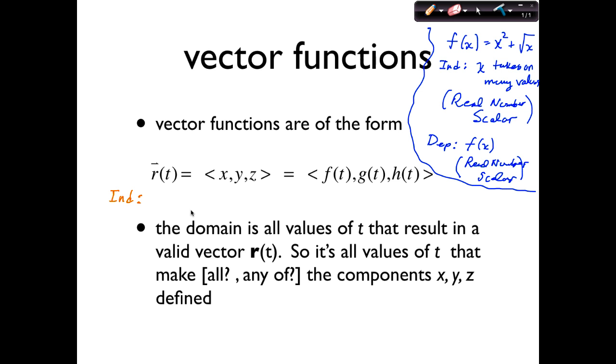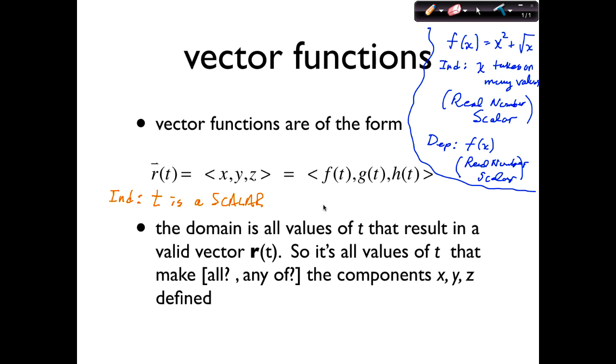What's the independent thing? It's t. T is a scalar, a parameter. T varies. It's actually a set of scalars.